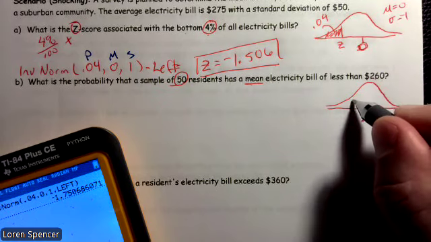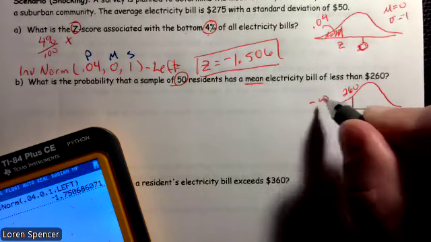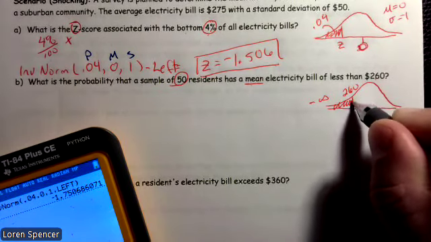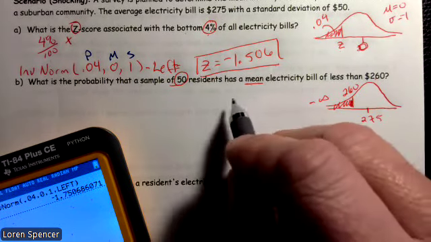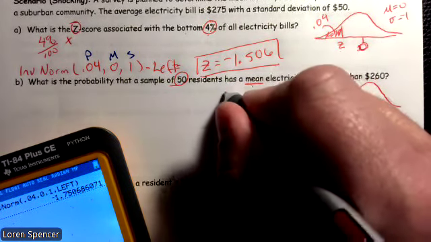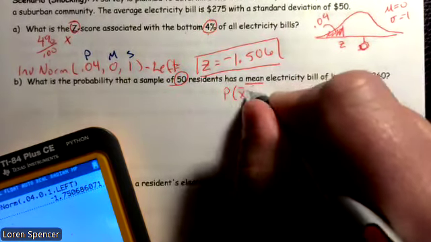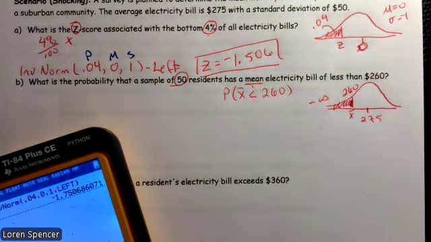They say we want 260, so 260 is down here. Please remember, this goes to negative infinity, and I'm looking for that area right there. I'm looking for that percentage. And this is a mean, so this is an x bar. So we're looking for the probability that x bar is less than 260.